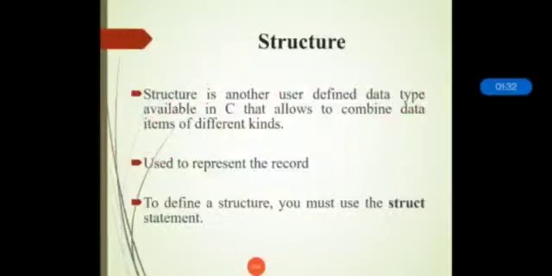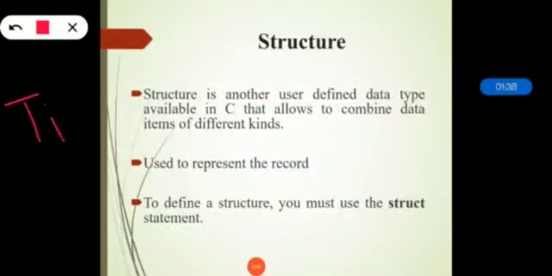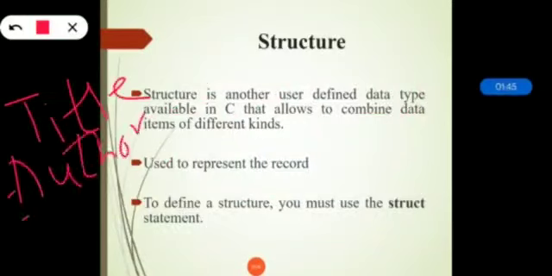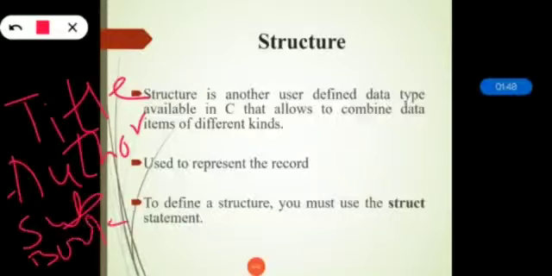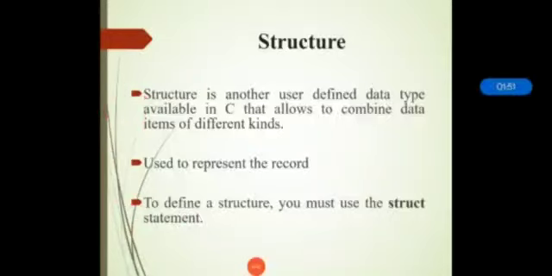We have to think about the title, who is the author, the subject, the book ID, all that we have to consider. So for that purpose, we can use the structure.